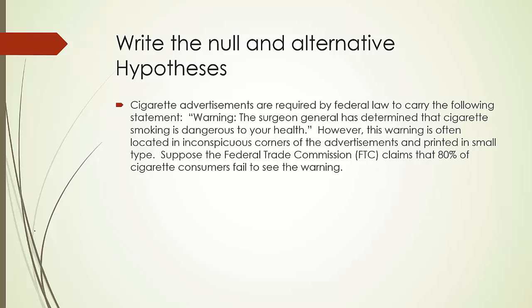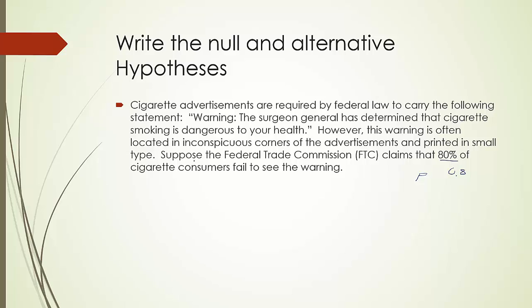So when we think about writing a hypothesis for this example, we notice that this is a percent. And so we're dealing with a proportion. We use P as the population parameter, and in the proportion method, we give that percent as a decimal. So moving my decimal 2 places, 80% would come out to be 0.8.